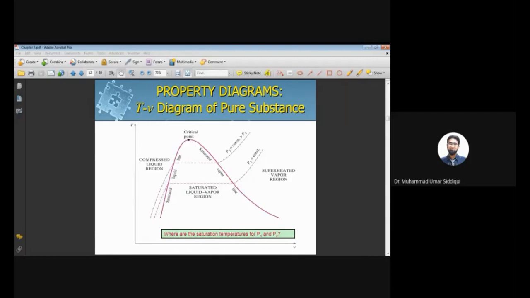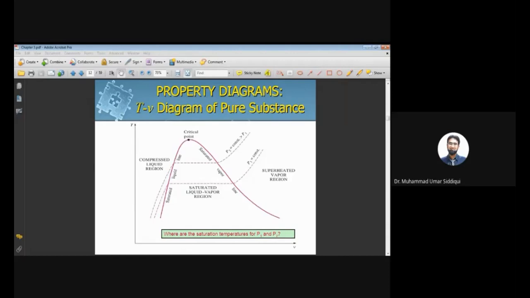Then we discussed that this phase change process takes place at different pressures. If we keep on increasing the pressure, the trend would remain the same, but the curve is going to shift up and up over the T-v diagram.